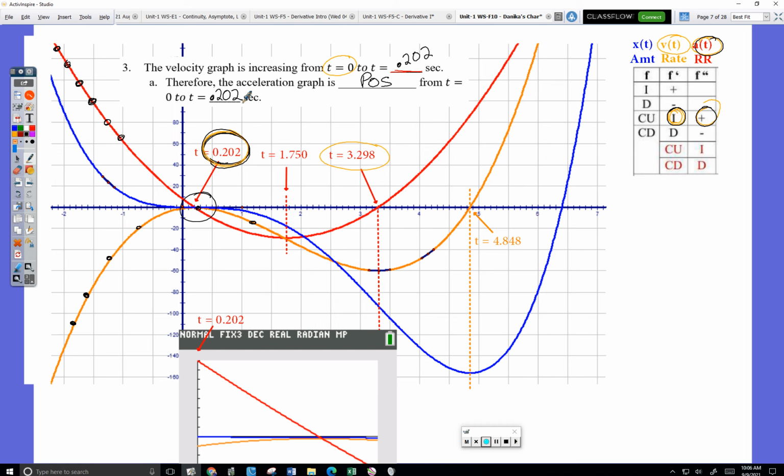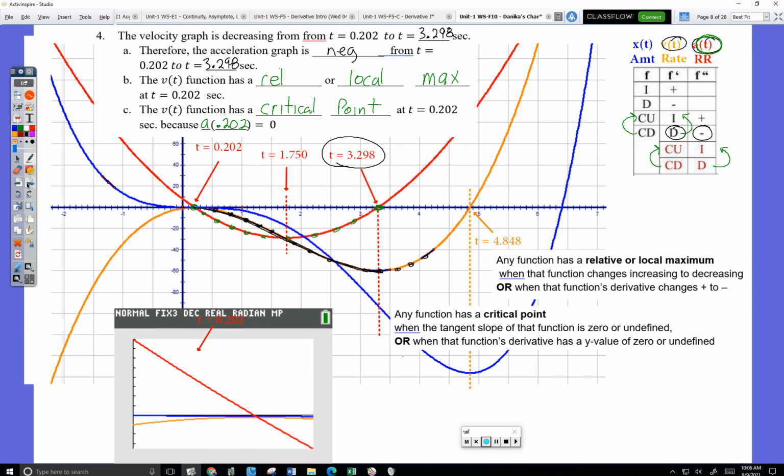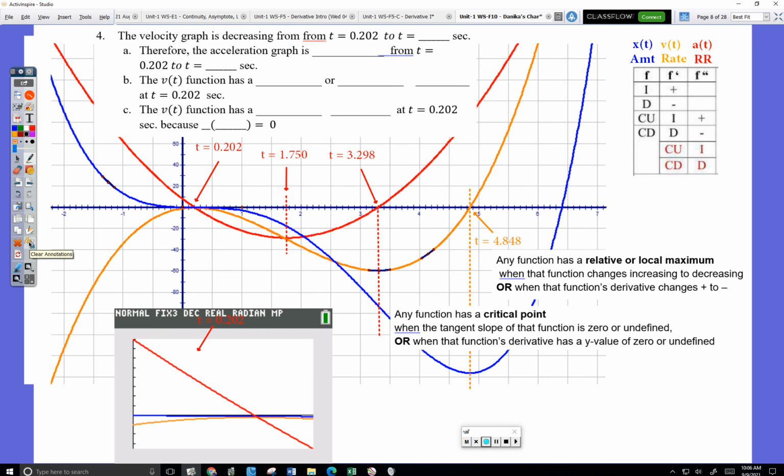Sweet. So, number 4. Hands up, please. Tell me what goes on this blue line right here. Hands up. There we go. We get somebody new this time. Let's go, Parker.